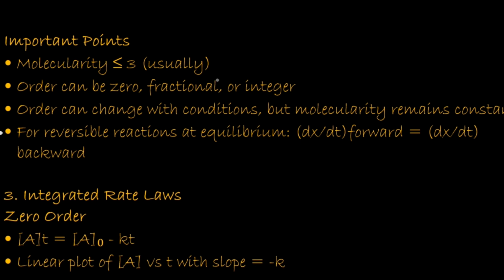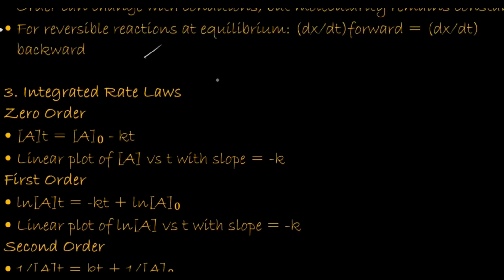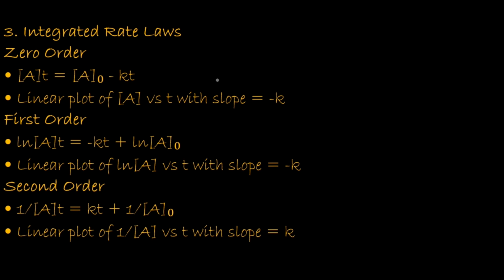And for reversible reactions, you can write dx by dt for forward, which is equal to dx by dt for backward. What about integrated rate laws? So integrated rate law is just the next form of the 0 order, first order, second order equations.